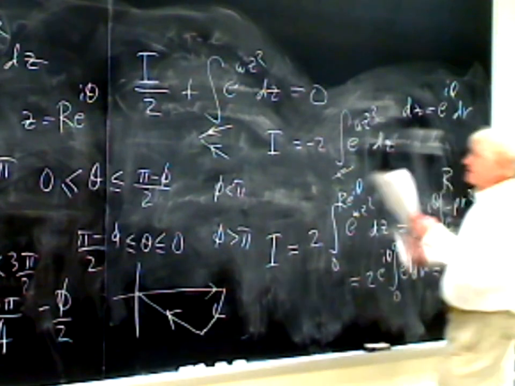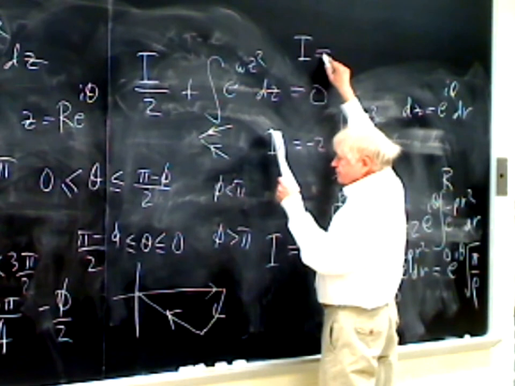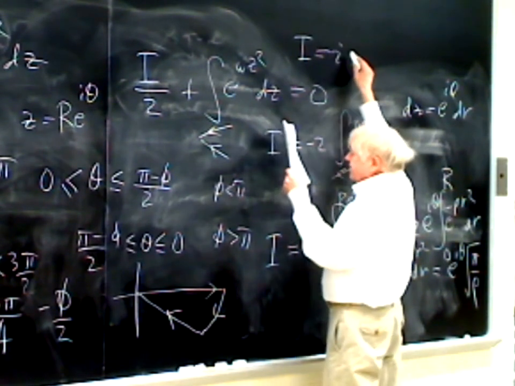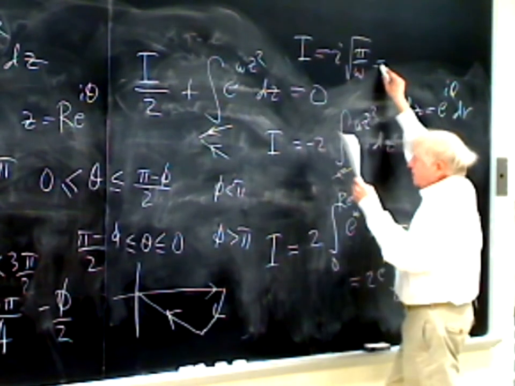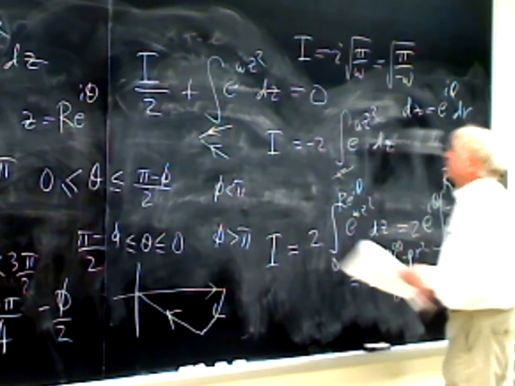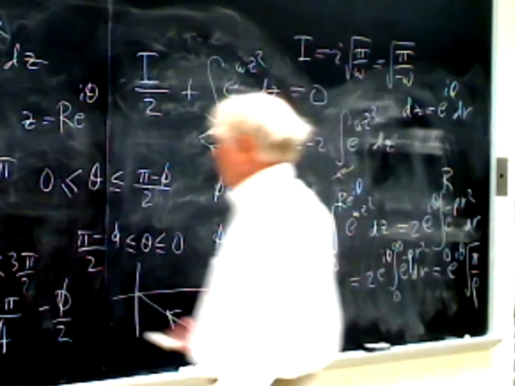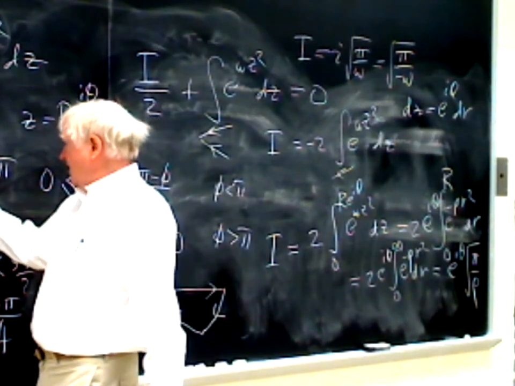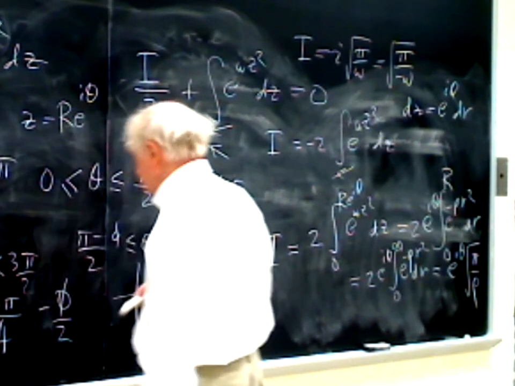So putting everything back together, our original integral is equal to I square root of pi over w, or the square root of pi over minus w. Where did the I and so forth come from? Well, we chose theta and phi so the thing would be negative on that edge of the pizza slice.